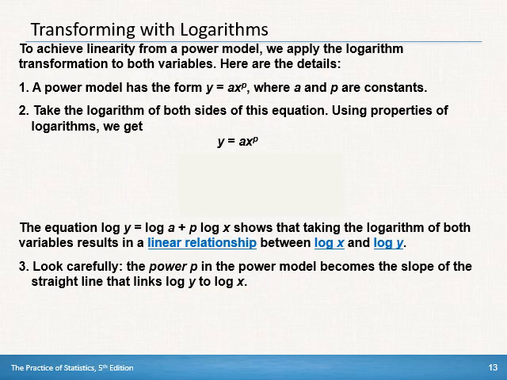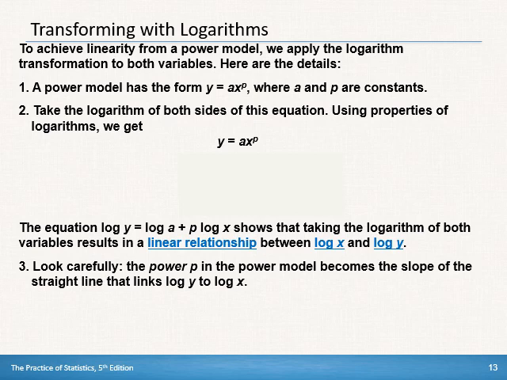All right, so when we do transformations using this power model, if we know what the physics is behind the equation, then we know what power to use, right? Are we going to cube it, or are we going to take the square root of it? That kind of thing. However, sometimes we don't know. We just have data. We don't know if there's any kind of physics behind it that would create this to be curved versus linear.